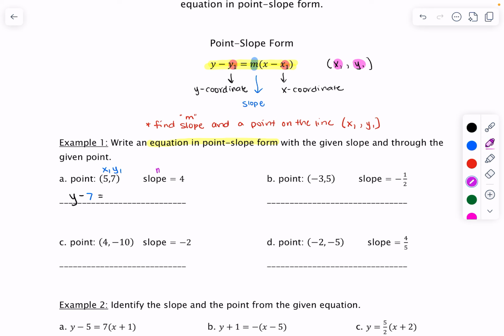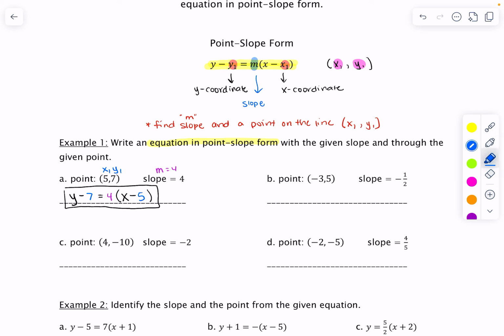So the 4 goes here, parentheses, keep the x, keep the minus, and then the x in this case is 5. Given a slope and a point, this is my equation in point-slope form: y minus 7 equals 4(x minus 5). There's a slope of 4 and a point at (5, 7).